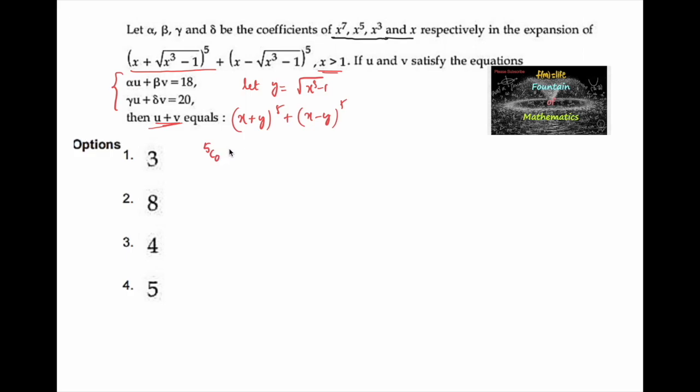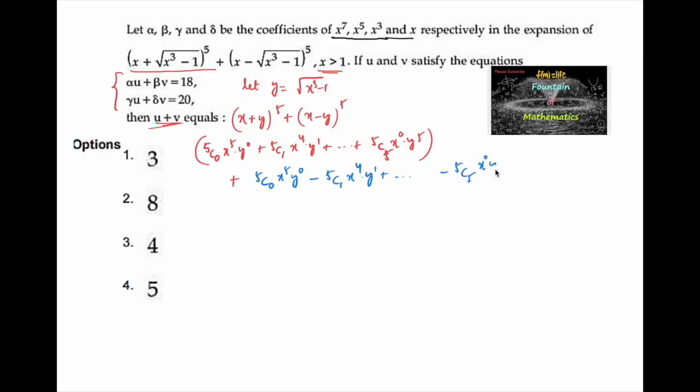So we can write 5c0 x to the power of 5 y power 0, 5c1 x to the power of 5 minus 1 y power 1, and so on, 5c5 x to the power of 0 y to the power 5, and again added with 5c0 x to the power of 5 y power 0 minus 5c1 x to the power of 4 y to the power 1 plus and so on minus 5c5 x to the power 0 y to the power 5.